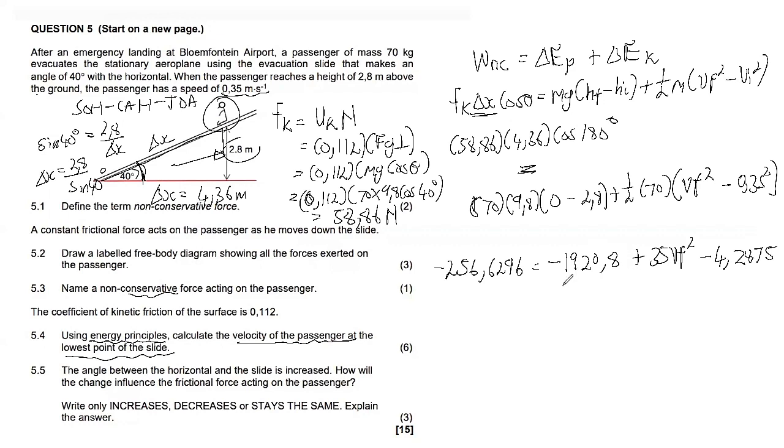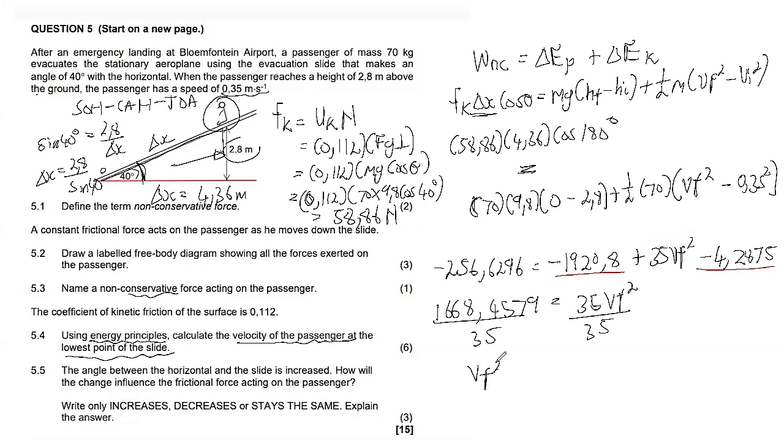Then at this point, we are supposed to transpose all of this over to the left-hand side. Then if we do that, we're going to end up with 1668.4579. Then we are only left with the 35 vf squared on this side. Then we can divide both sides by this 35.